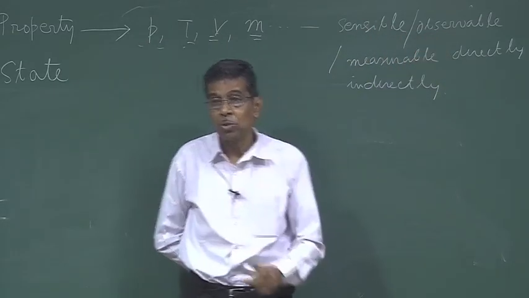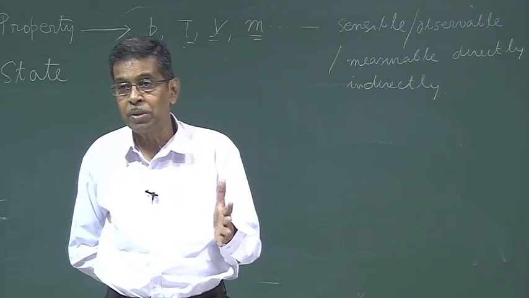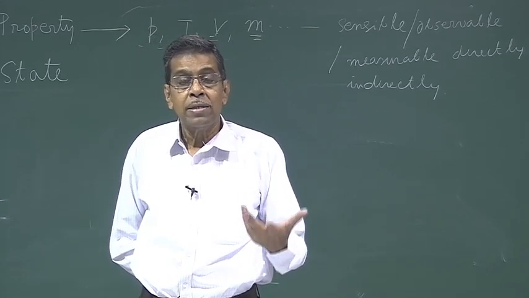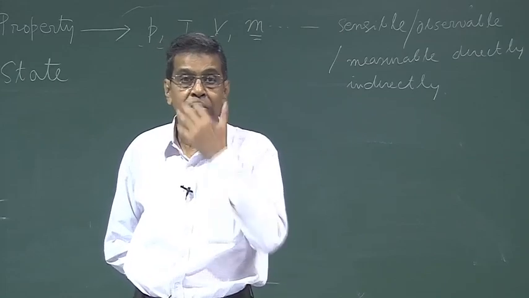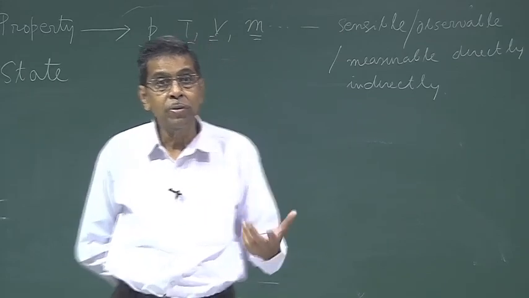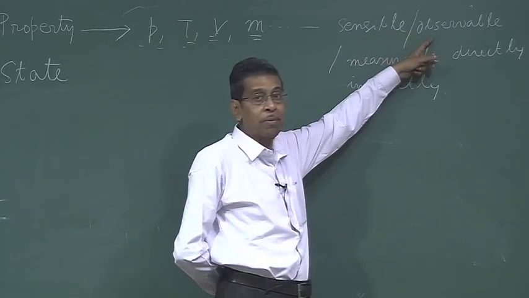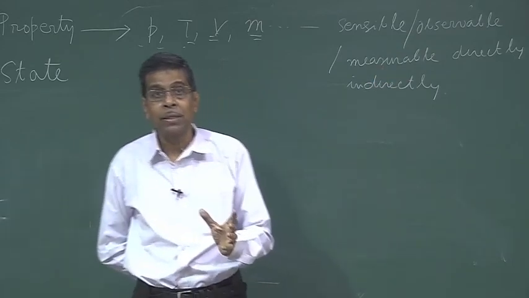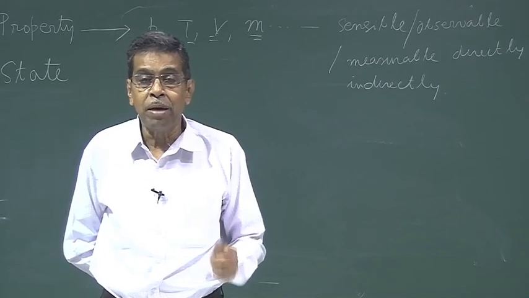There are properties which can be neither. Pressure can be sensible: you can put your hand in gas pressure and feel it. But there are a number of properties which may not be observed or sensed, for example entropy and enthalpy. But properties should be measurable, so that we can know the property from its measurement, and that measurement may be direct or indirect.